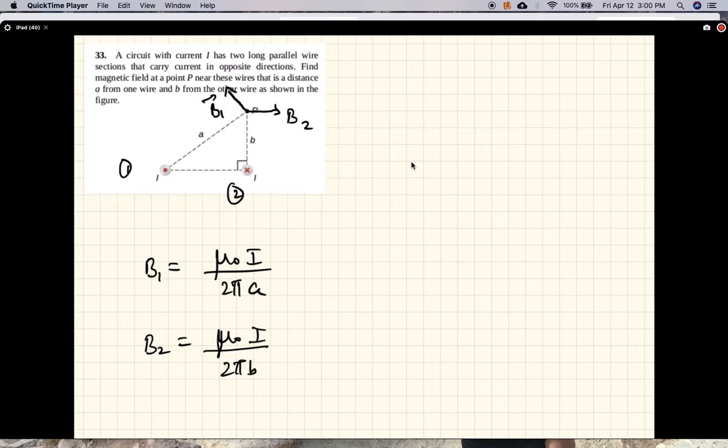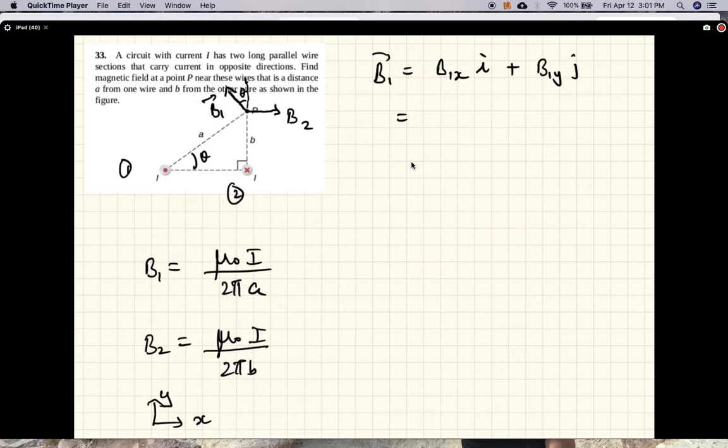Okay, and now we'll have to use vector notation to write the components. Let's call this angle theta, so this angle is theta, and you can figure out that this angle is theta as well. So B1 is B1x i plus B1y j.